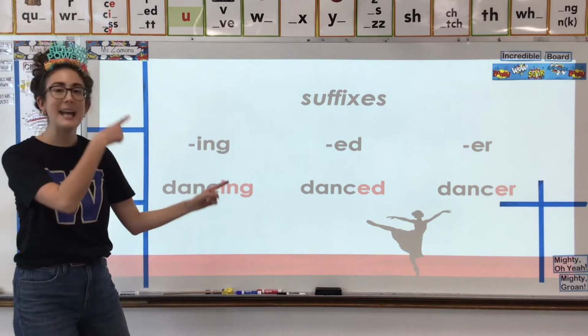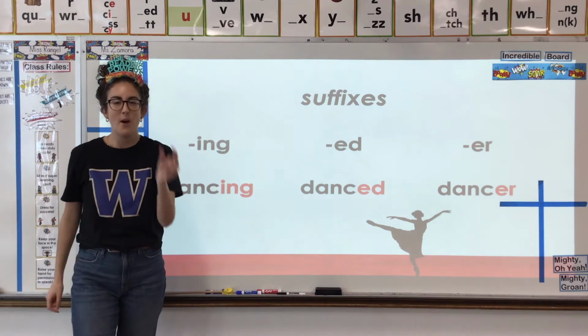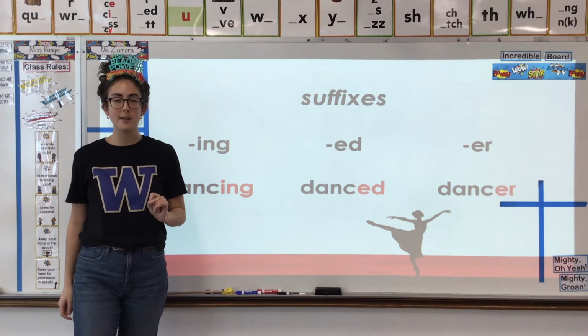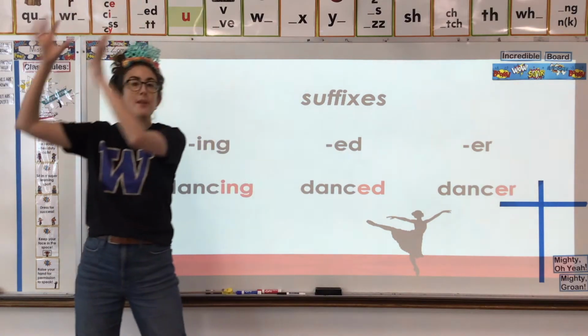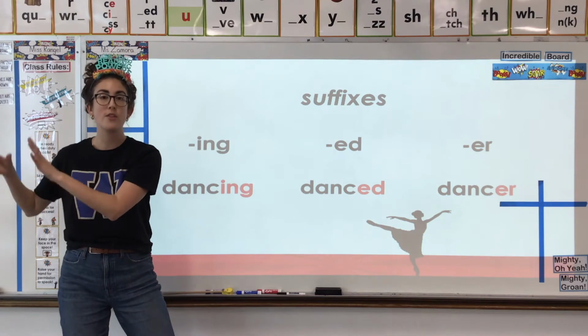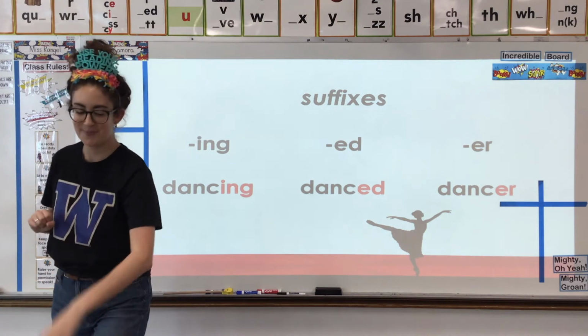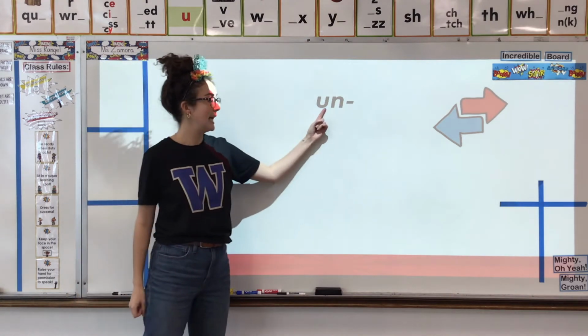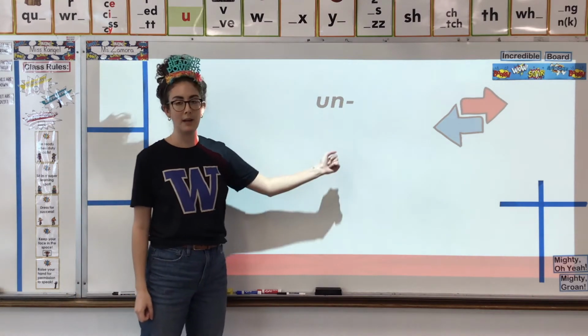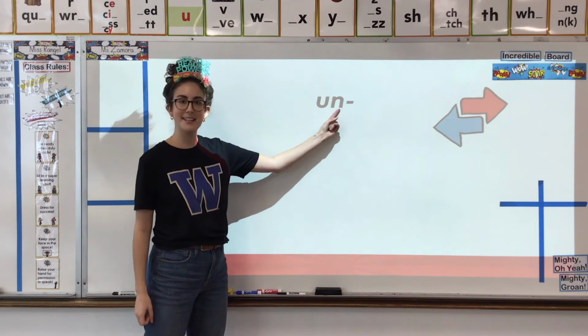And we changed the entire word just by adding our suffix er. So we've already had some awesome practice with these small changing word parts. But today, we're going to go from the end of the word to the beginning of the word with a prefix. So second grade, our first prefix we're looking at is un. Can you say this with me? Un.